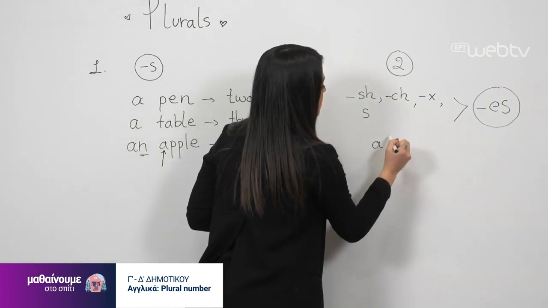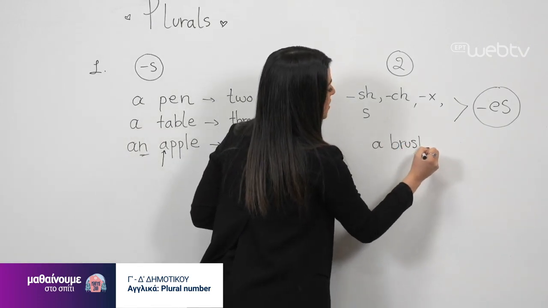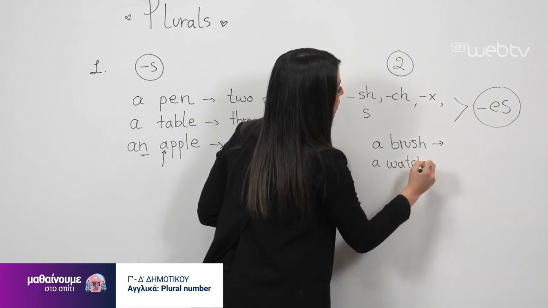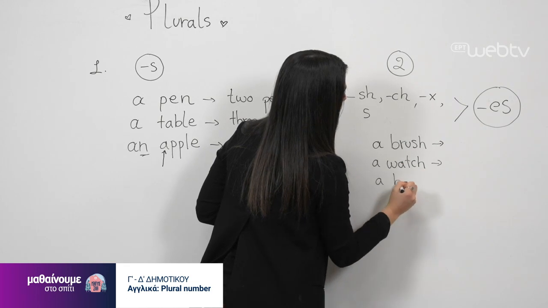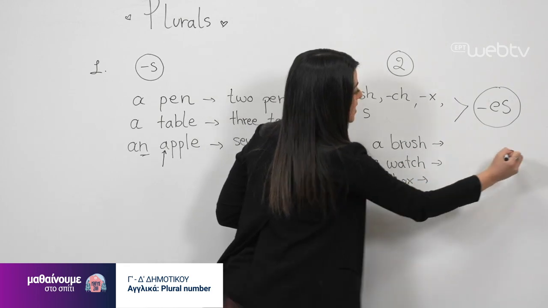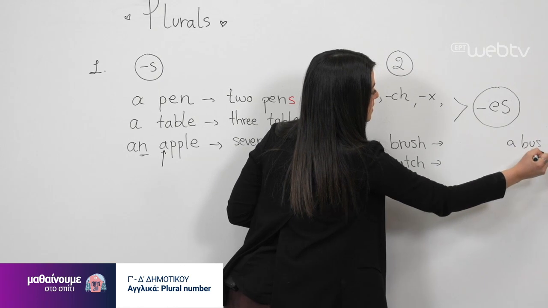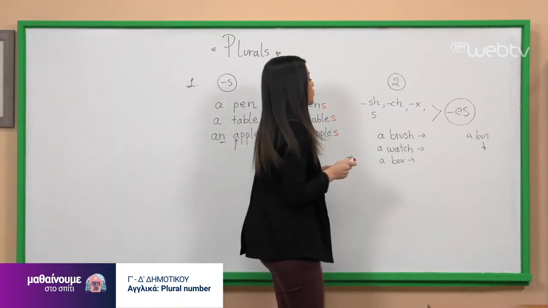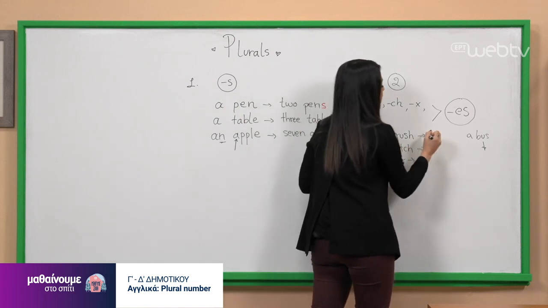A brush. Μια βούρτσα, right? A watch. Ένα ρολόι. A box. And a bus. Let's do it over here. Να χωρέσουν όλα. So what do we do? A brush, 2 brushes.